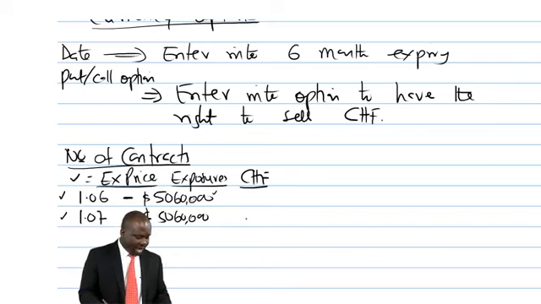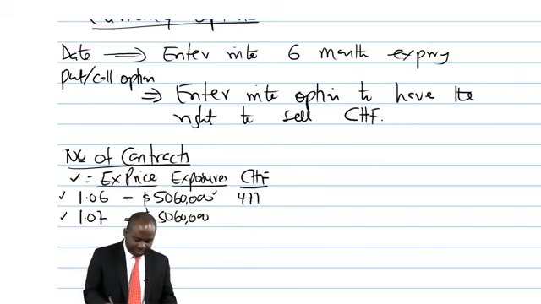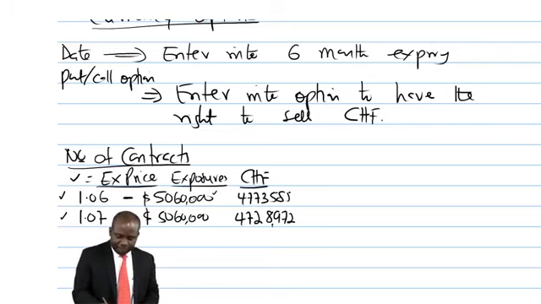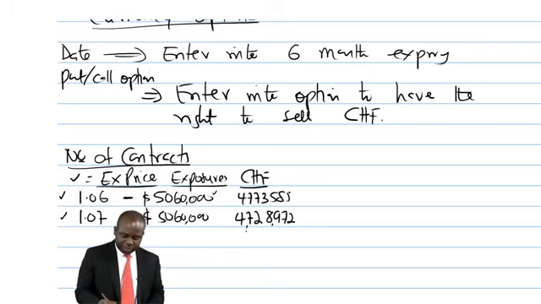And when I divide, how much am I going to get? This is 4773.585. I also divide the 5060 by the 1.07 and that is giving 4728.972. I have brought them into CHF.